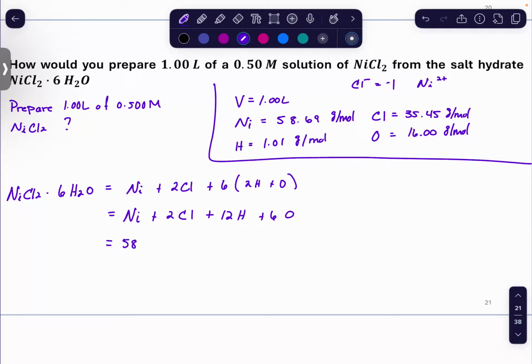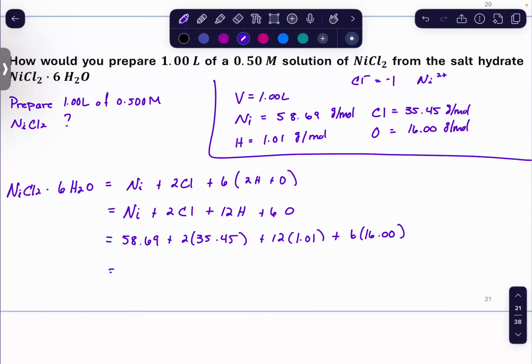Plug our numbers in. Okay, so this is going to give me 237.71 grams per mole.